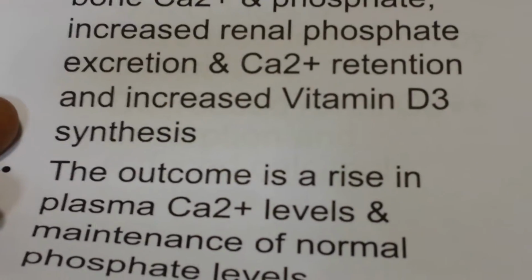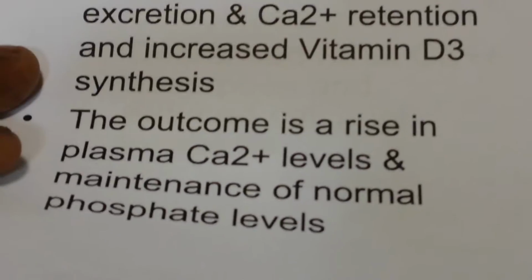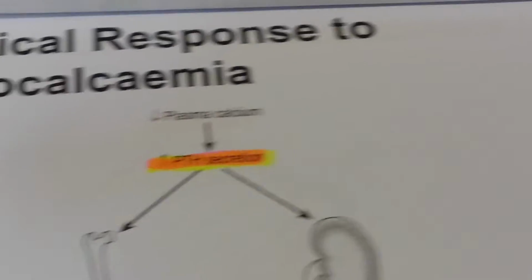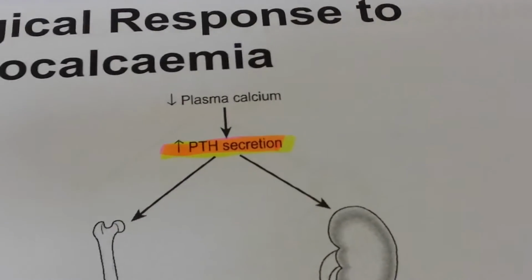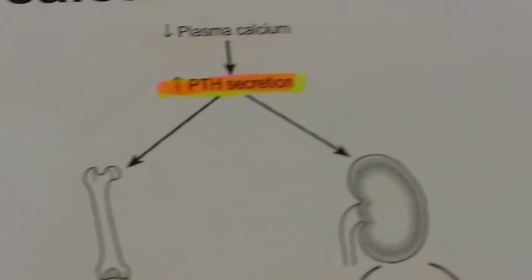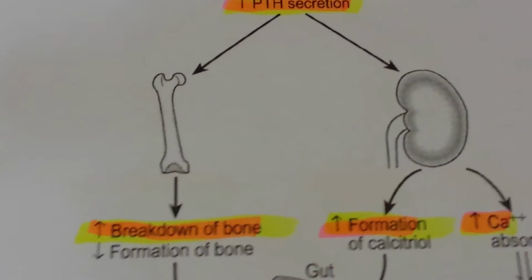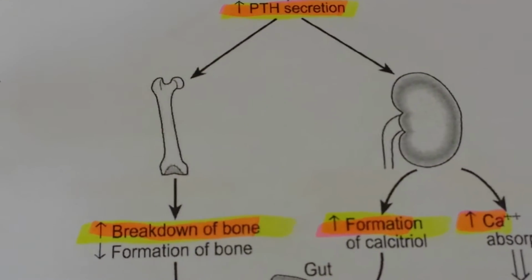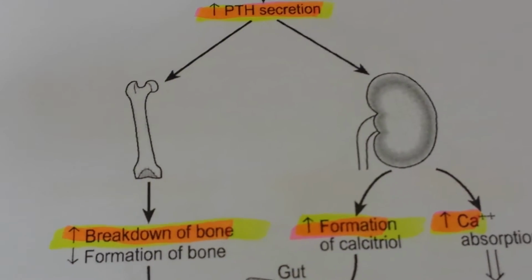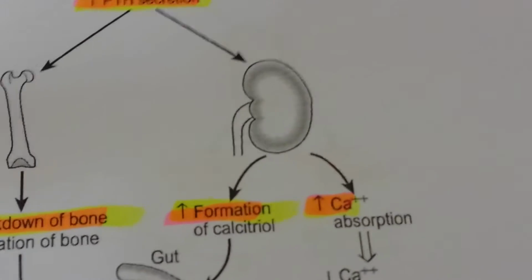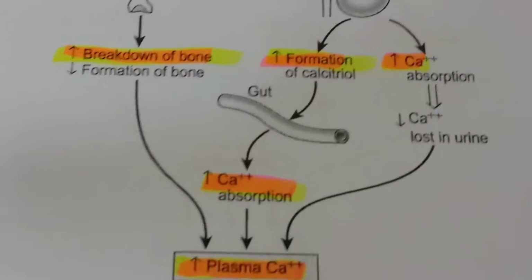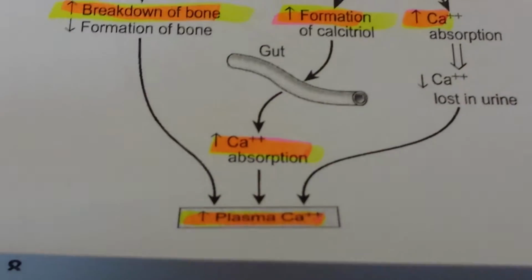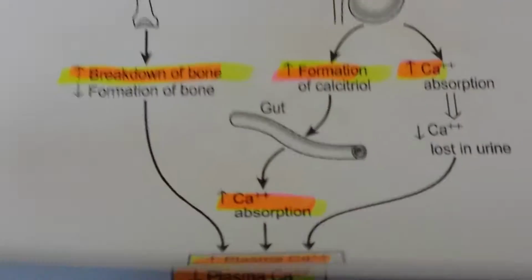The outcome is a rise in plasma calcium ion levels and maintenance of normal phosphate levels. Decrease in plasma calcium and increase in PTH secretion: increase in breakdown of bone, increase in formation of calcitriol, increase in calcium absorption, and increase in plasma calcium.